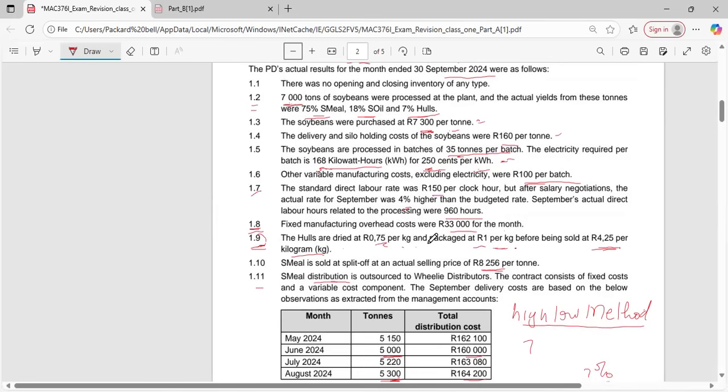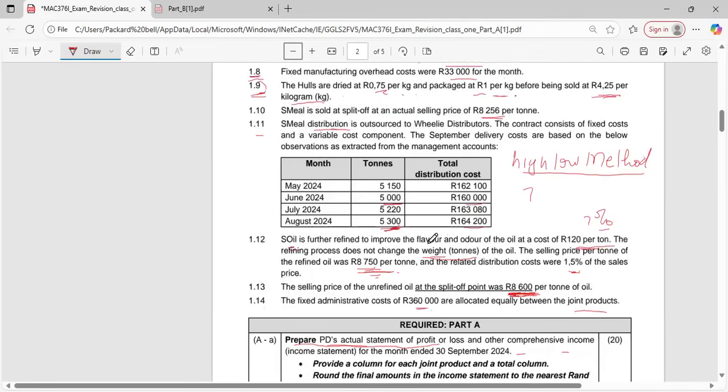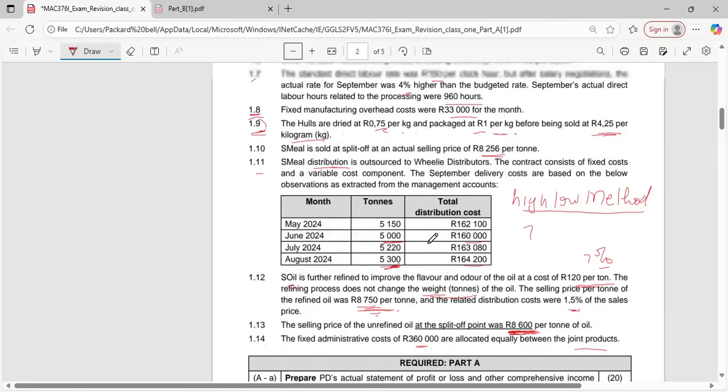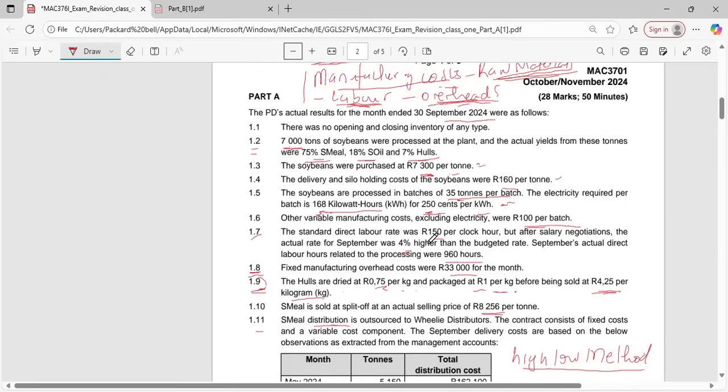Is there any other refining that is there? Are we there? Where is the refining cost? Because this one we took it. Remember, we took it. Where did we get the refining cost?